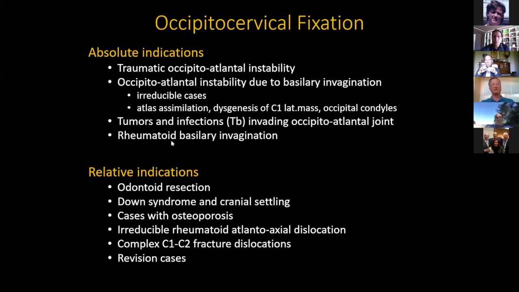Why do I mention this? Because those cases do have mostly bad bone quality. Relative indications are odontoid resection, Down syndrome, cases with osteoporosis, irreducible rheumatoid atlantoaxial dislocations, complex C1, C2 fracture dislocations, and revision cases.